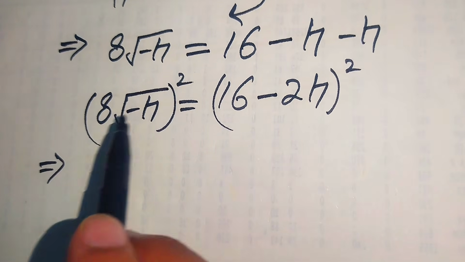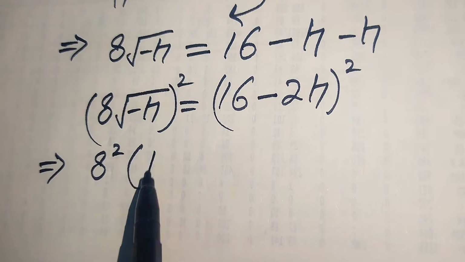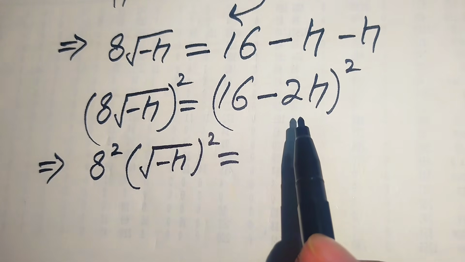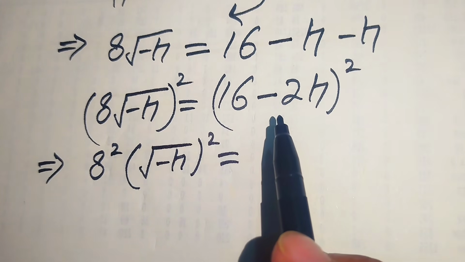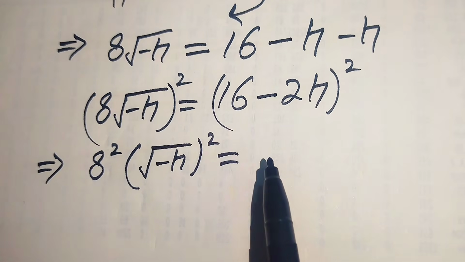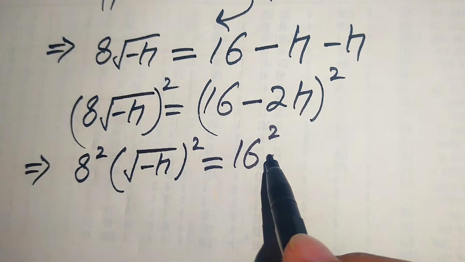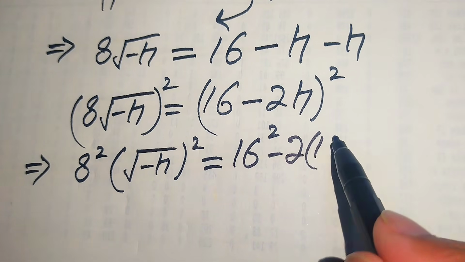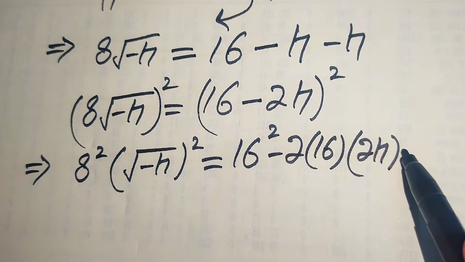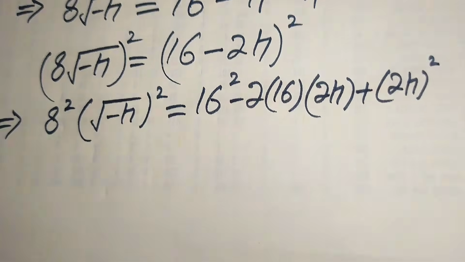Further we apply square separately on both of these two values, and it becomes 8 square into square root of minus h whole square is equal to, and here we again use the algebraic formula on the right hand side. According to this we write this term as 16 square minus 2 times 16 into 2h plus 2h whole square.